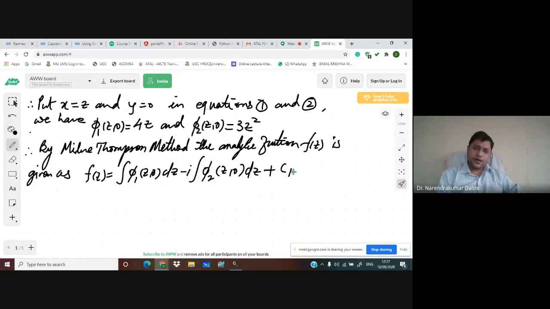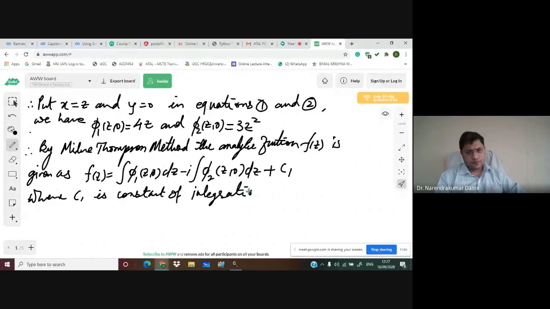Okay, remember here that we have already used c, so that's why we are using c1, where c1 is the constant of integration.